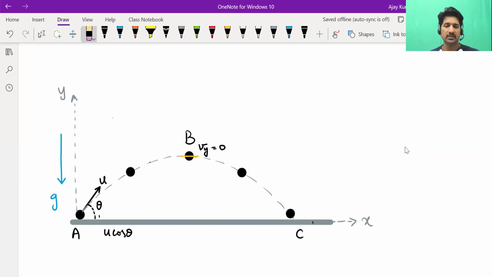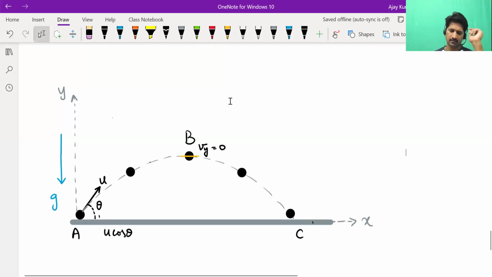From which point to which point is it called descent? The object is rising up and then falling down to the ground. Which part of the journey do you call descent? Sir, B to C. B to C, wherever it is coming down, we call it descent.